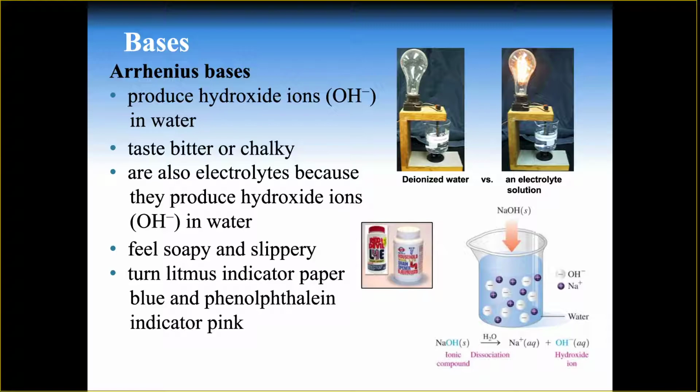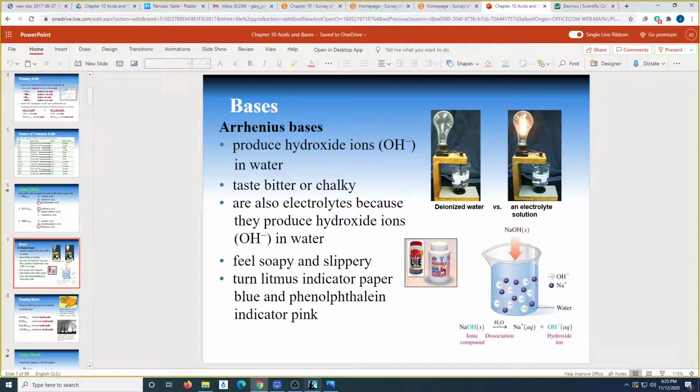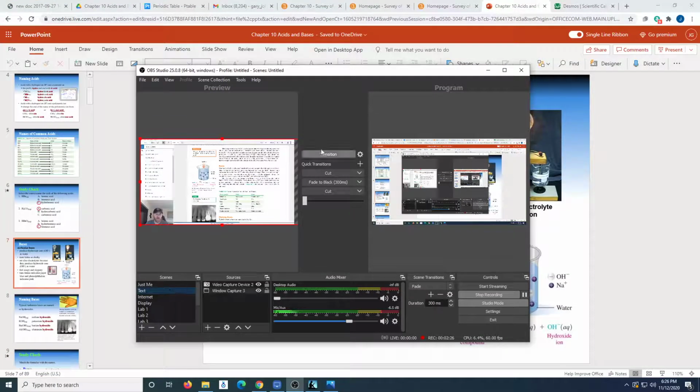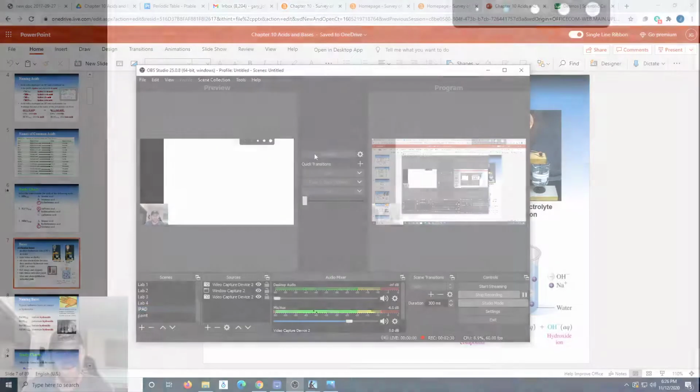You have hydrogen ions. Oh, sorry, I want to go to my iPad. I might not need to do that presentation mode because it's too hard to get in and out of it. Okay, so an acid, the Arrhenius definition is something that produces a hydrogen proton. I like to call it a proton because if you remember, hydrogen has one proton, one electron. Well, since it has this plus charge, I've lost the electron.